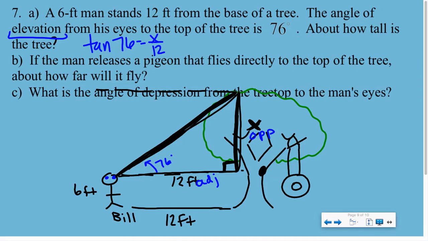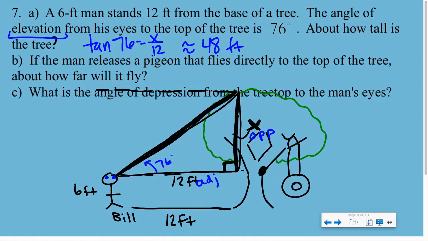Grant, how would you punch that into the calculator? 12 times the tan of 76, and you got approximately 48 feet. Good. 48 feet is this vertical distance on the triangle. Does this vertical distance on the triangle represent the entire height of the tree?